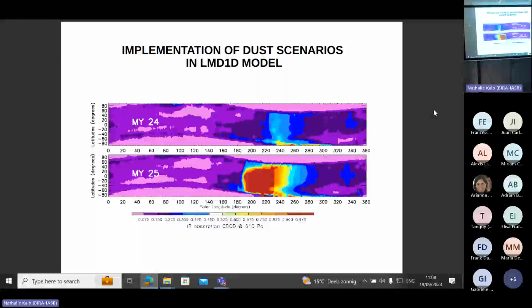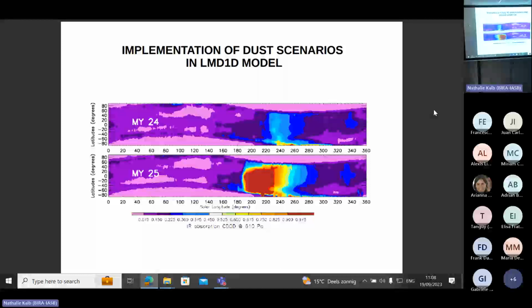You have this scenario for each Martian year, from Martian year 24 to Martian year 36, which is today. So you can choose the Martian year, either a classic Martian year or a Martian year with global dust storms.